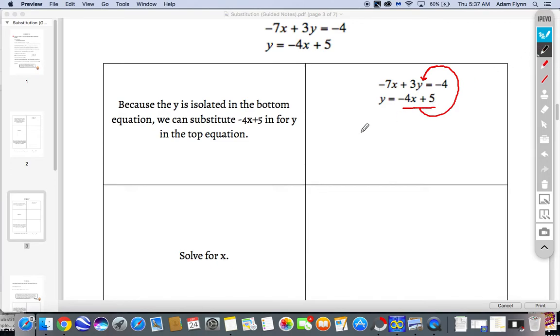So when I do that, I have negative 7x plus 3 times negative 4x plus 5 equals negative 4. So I just rewrote my top equation, but instead of plugging in y, I replaced it with this negative 4x plus 5. So what I'll do now is I'll rewrite this equation down below and solve for x.